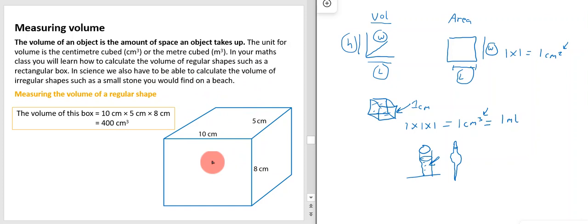As an example, if we wanted to get the volume of this container, we would just multiply the length by the height by the width. So it's going to be 10 multiplied by 5 multiplied by 8, which is equal to 400 centimeters cubed. Notice the cubed part indicates that it's volume.